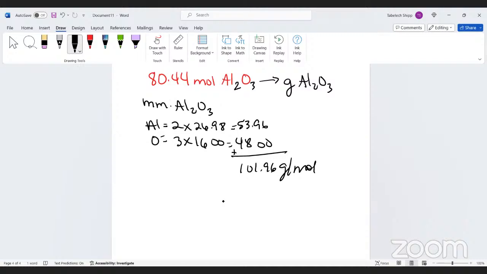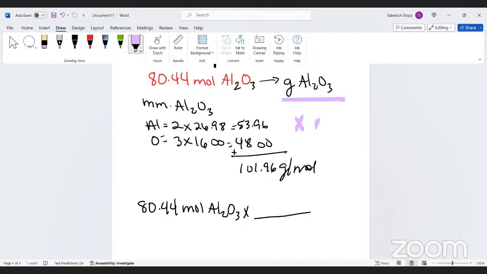So now that you've got that part, you're going to take the 80.44 moles of aluminum oxide. And remember, because we're trying to get to a gram, like we've said before, you have to multiply by the molar mass. And I'm abbreviating MM for space purposes. MM is molar mass.